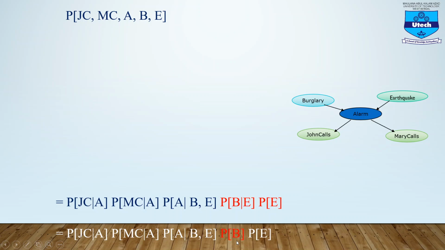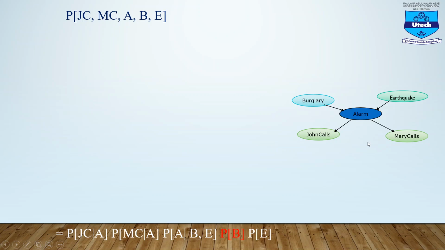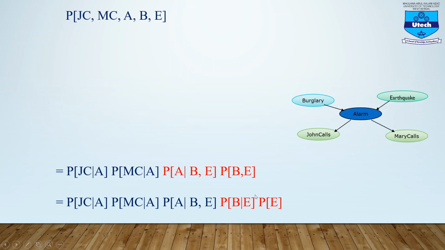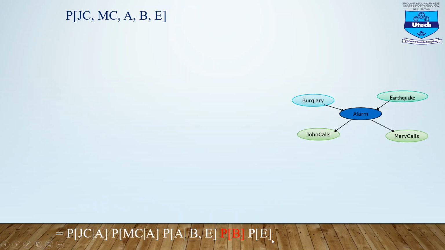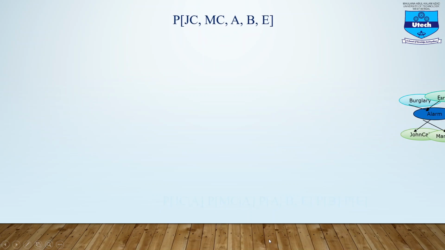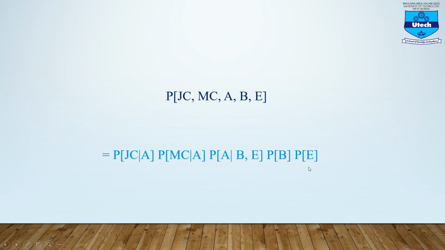Now, take the probability of burglary with the prior occurrence of earthquake. But there is no direct connection between burglary and earthquake, so this part vanishes, and what remains is the probability of B multiplied by the probability of E. So this joint distribution function will be represented over here.